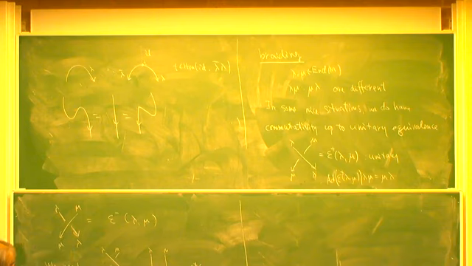I omit labels such as lambda, mu, and so on. On the left-hand side, from top to bottom, here we have a braiding operator, a unitary operator, and here we have some intertwiner for this triple. So this is a composition of two intertwiners. On the right-hand side, we have one intertwiner, and one braiding here, another braiding here. So this is a composition of three operators. And we require that the composition on the left-hand side is equal to the composition on the right-hand side. And also for the other type of crossing, and also upside down. Basically, this is the notion of braiding.